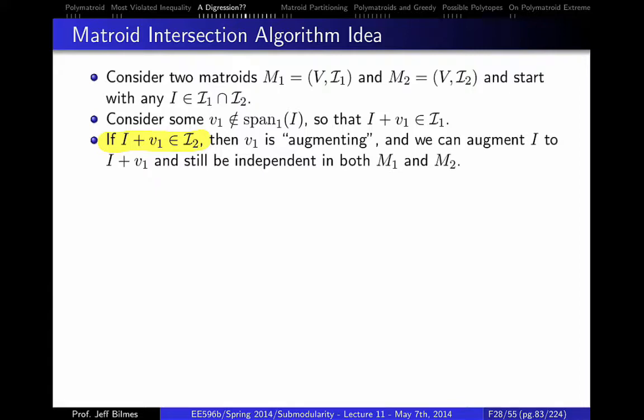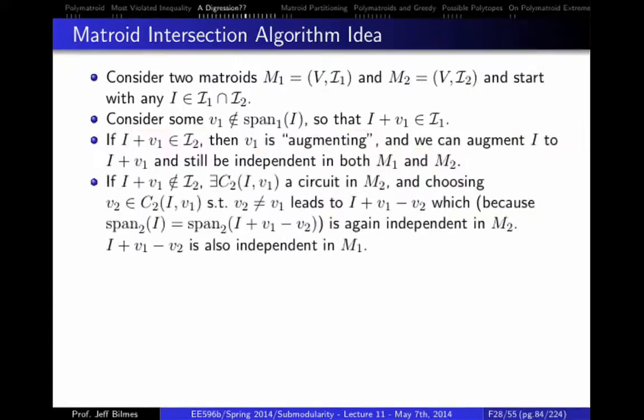Okay? And so what we can do is augment I to become I plus v1, and we're still independent in both matroids, i.e. we're still matching in the bipartite graph case. So this is exactly a generalization, but now into the matroid case.